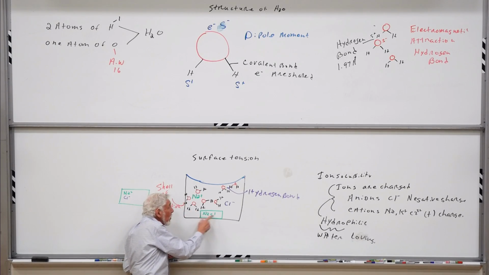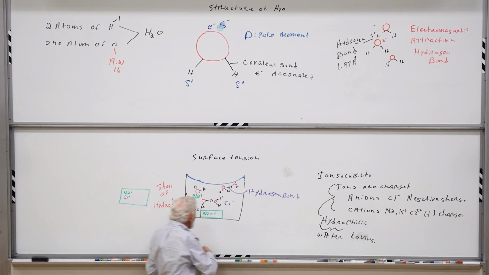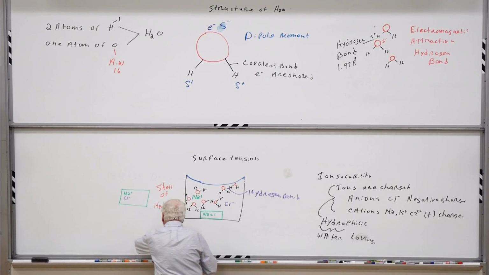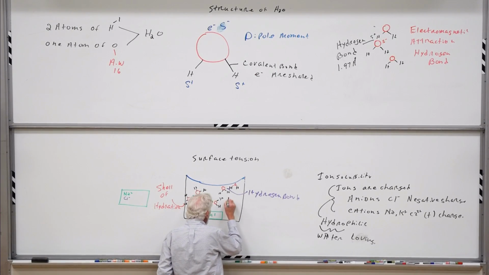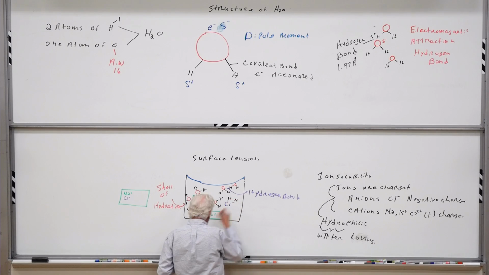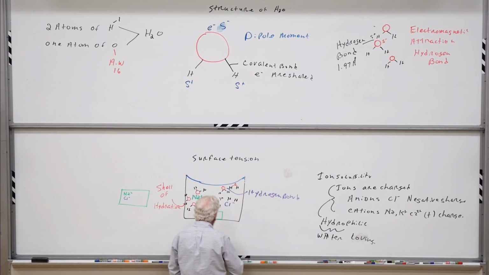So now the sodium and chloride are out in solution, but let's look at the chloride. The chloride now will have the positive ends of the dipole moment interacting with the negative end of the chloride.